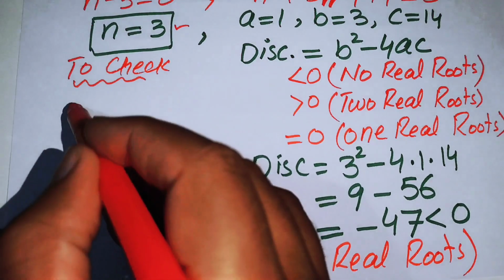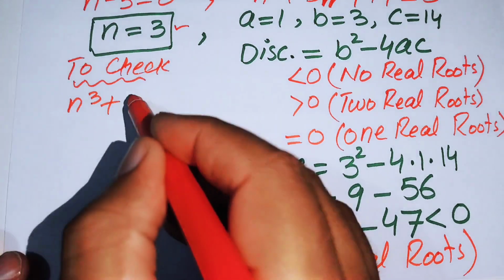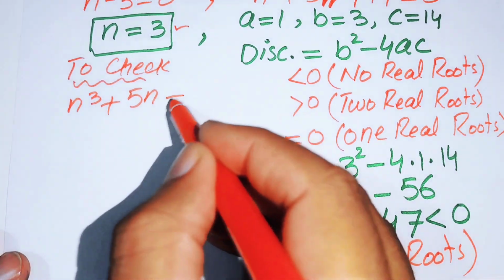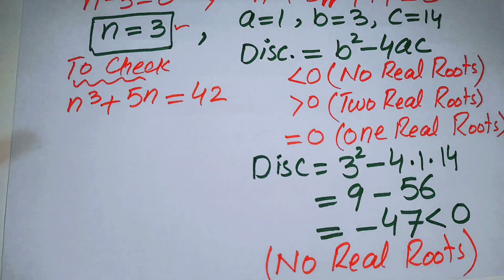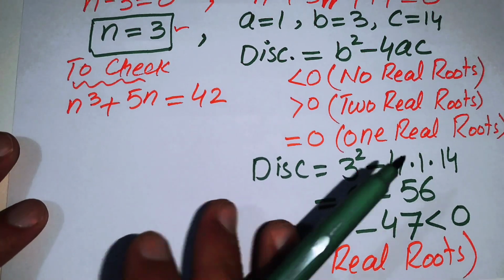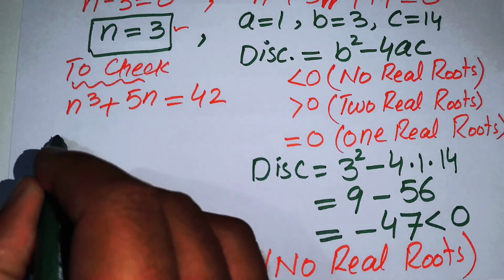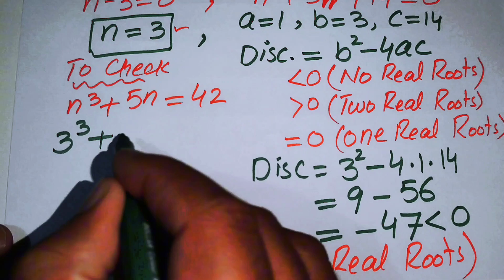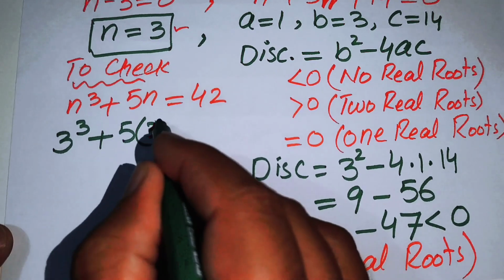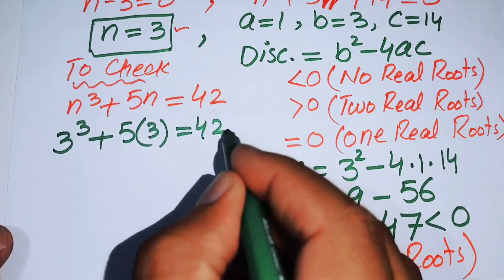Our given question is n cubed plus 5n is equal to 42. Now we can check whether this root satisfies this question or not. So we put n is equal to 3. This becomes 3 cubed plus 5 times 3 is equal to 42.